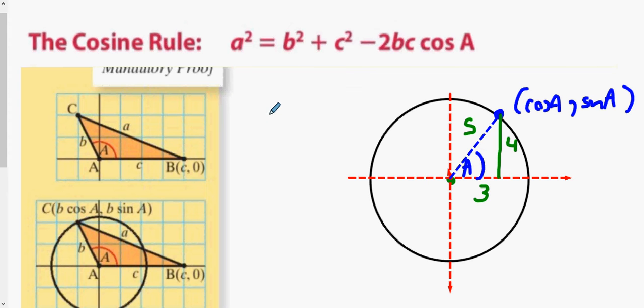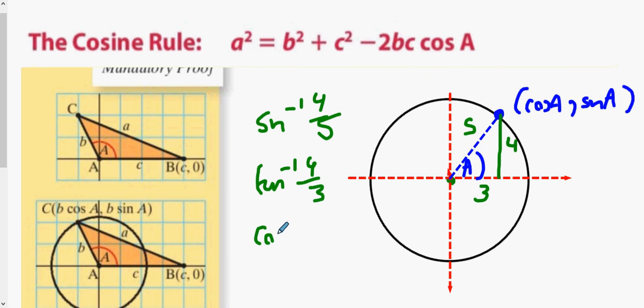Sine inverse 4 over 5, or tan inverse 4 over 3, or cos inverse 3 over 5. You're essentially going to find an angle. So what angle would that be? Who got 53.13? Now, we all agreed that angle A in this case is 53.13. Everybody cool with that?